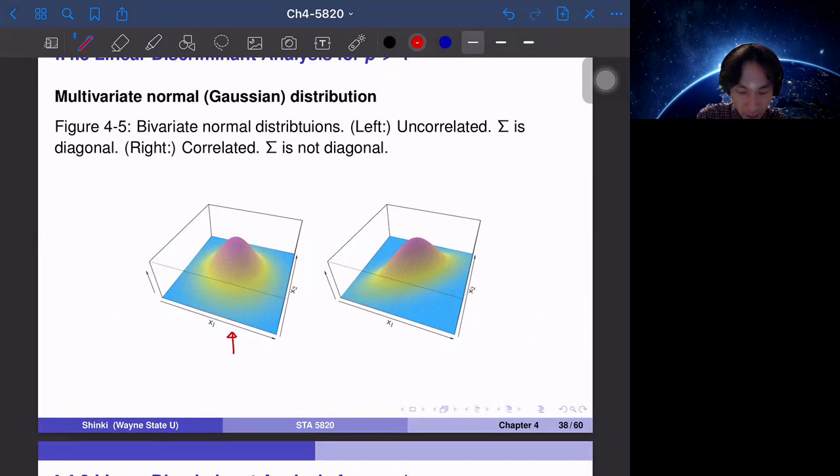That means we have the same variance for all predictors, x1 and x2, and we don't have any tilted axis. The density function is given by this shape.